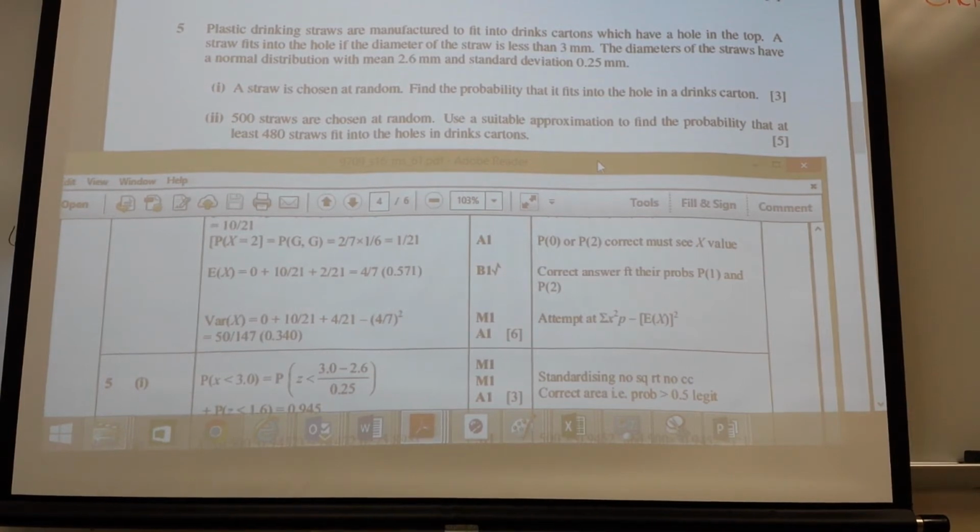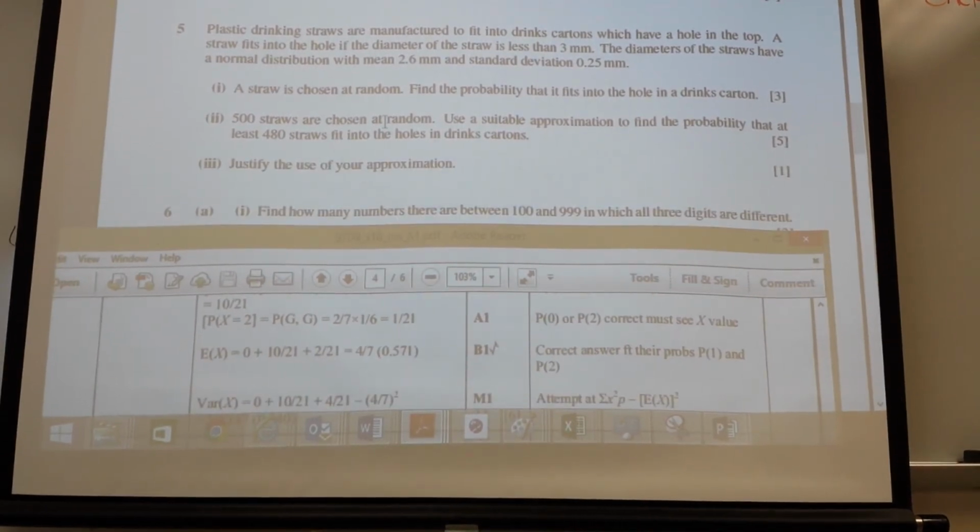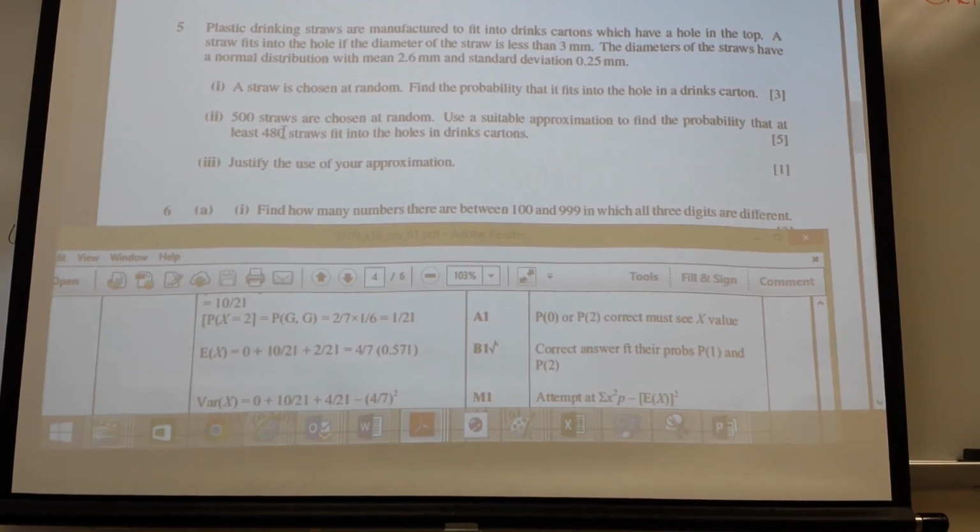What else? There's limited trials, there's 500, it's still a lot, but limited. It's not millions. There's another criteria. We're just looking at the question for now. We're trying to figure out, this initially was a normal distribution, right? And then all of a sudden, the answer key became a binomial. And we're trying to justify, could this now be considered a binomial? So the criteria to make a binomial is that it's a success or failure, so fit or don't fit.